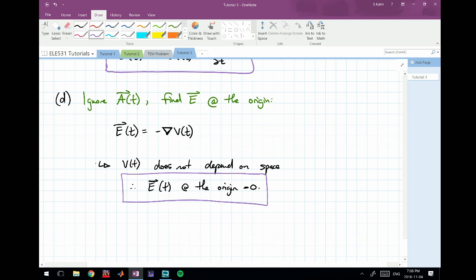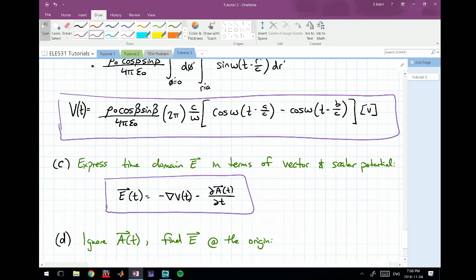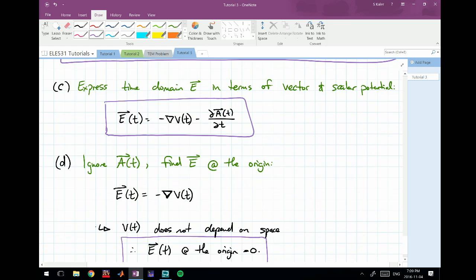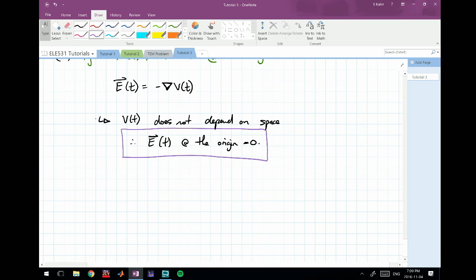You have the derivative with respect to x in the a_x, with respect to y in the a_y, and the same in z. This thing doesn't depend on x, y, or z, so the gradient gives me 0. It depends on time only. The gradient tells you how the field varies in space, and this doesn't vary in space, therefore it's 0. That's question 2.